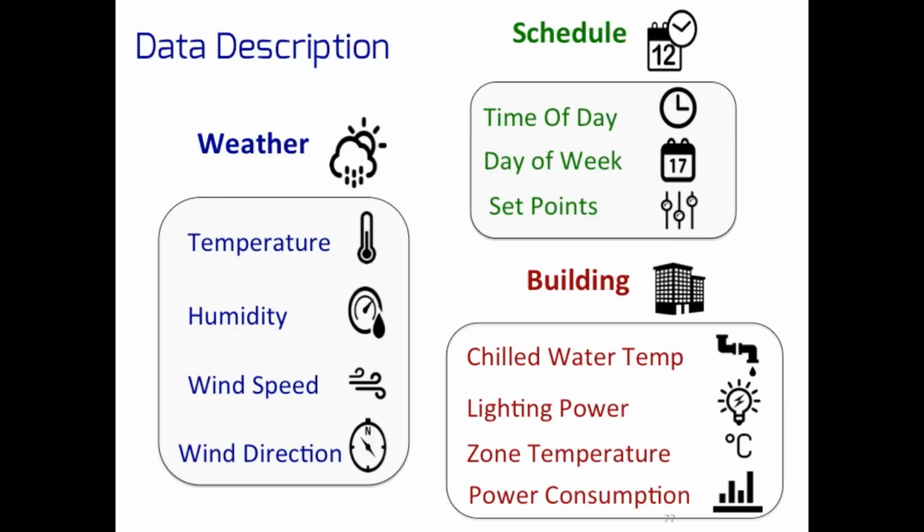And then it involves any fixed schedules or set points, just like the chiller example I showed earlier. Some Excel spreadsheet set point that determines the operation of the mechanical or electrical equipment can also be thrown at the regression tree algorithms. And finally, we do require some data from the building automation system itself, because if you're trying to predict power consumption and hopefully want to control zone temperature set points or chilled water temperature set points, it's a good idea to measure them first.